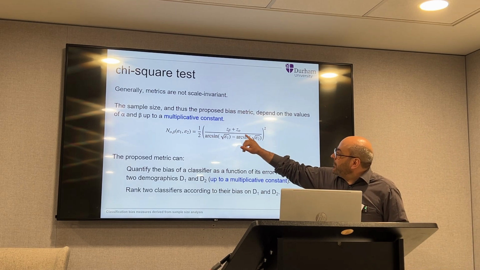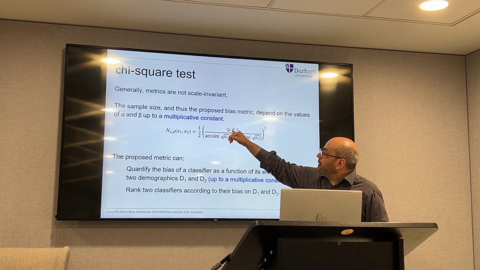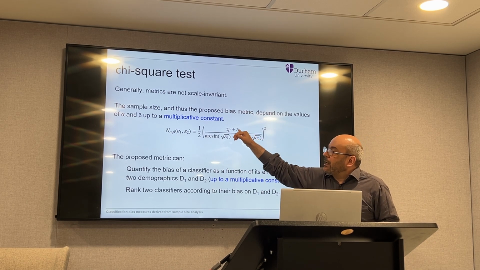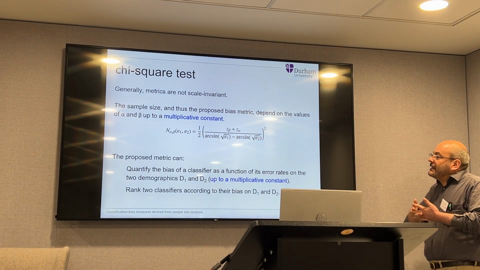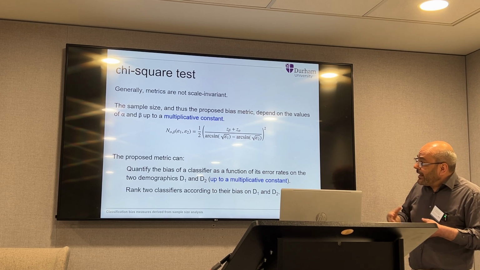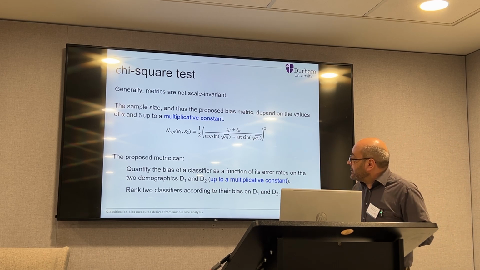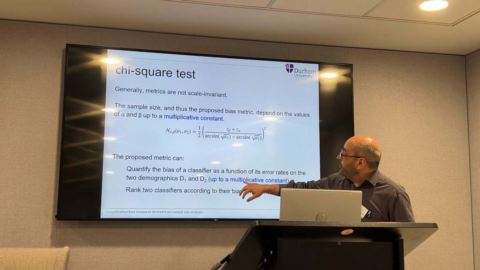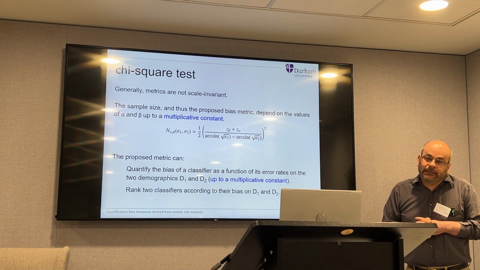Remember, these are numbers defined as a function of beta and a function of alpha, and at the end, it's a constant. So if I want to quantify bias as a function of its error rates, I can do this with this formula up to a multiplicative constant.